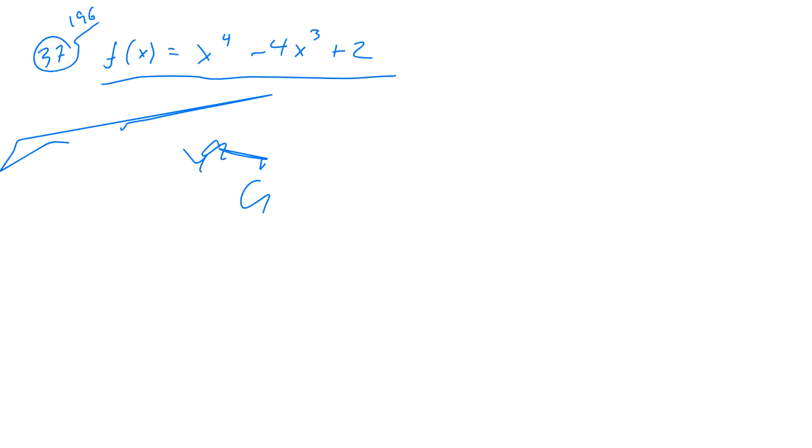Okay, I'm back. So first of all, we need to take the first derivative so we can find the critical numbers. The first derivative is going to be 4x cubed minus 12x squared. And the critical numbers are going to be the places where that's 0 or undefined.